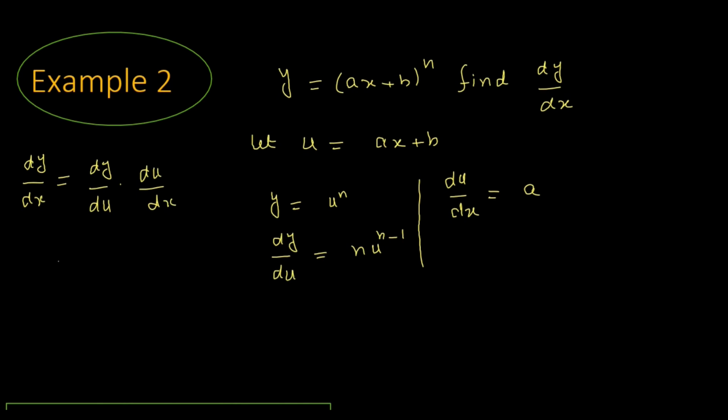Now we apply it: dy by du is equal to n u to the power n minus 1. In a similar way, du over dx is equal to a. So this is a.